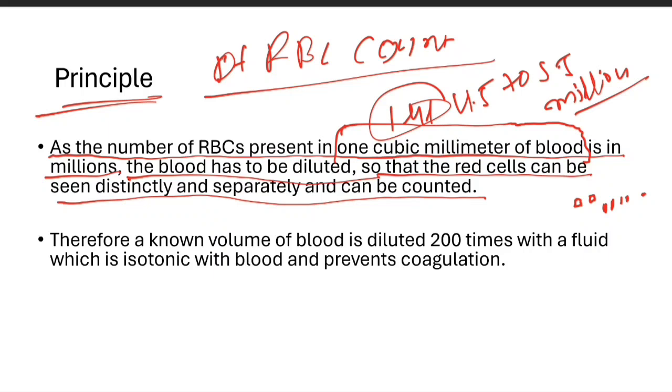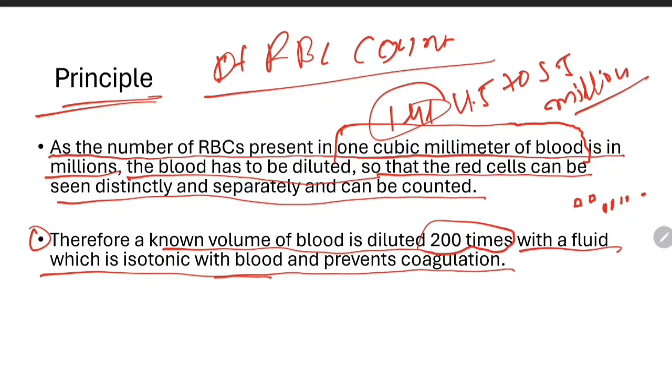So for that we have to dilute the blood, 200 times actually, so the cells can be counted. Therefore a known volume of blood is diluted 200 times with a fluid which is isotonic with blood and prevents coagulation. Hayem's fluid is isotonic with the blood, so cells will not shrink.